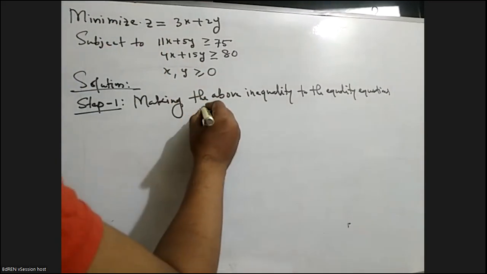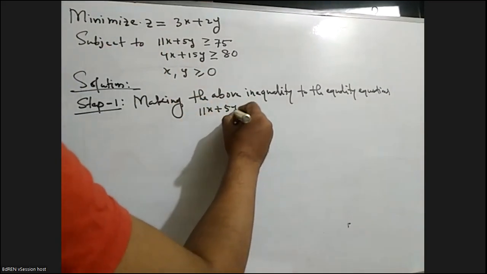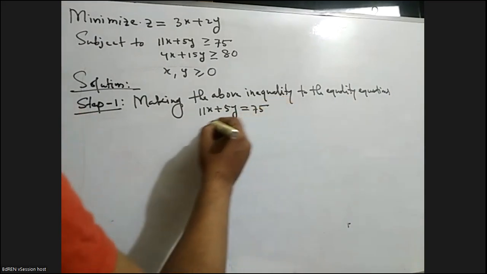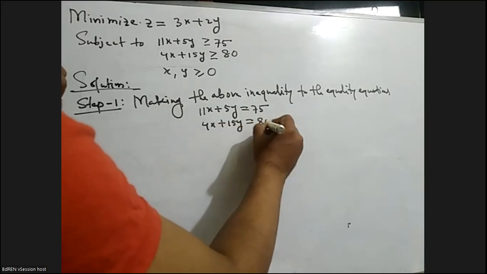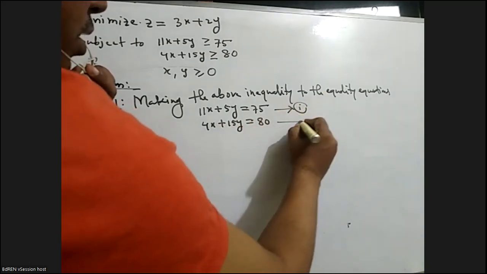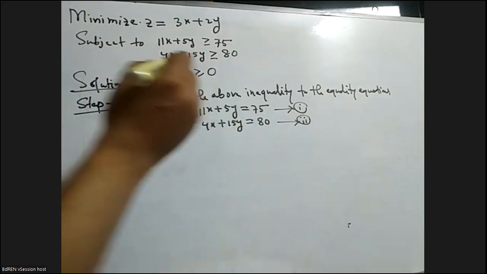How? 11x plus 5y equals 75, and 4x plus 15y equals 80. This is equation number 1 and this will be equation number 2.